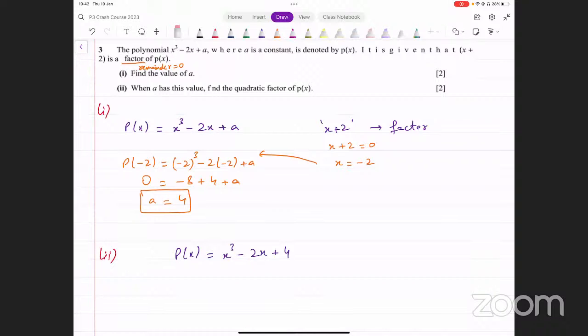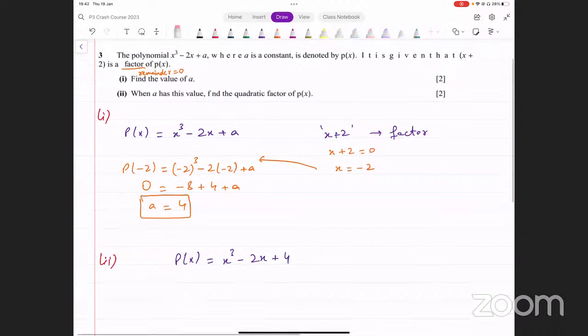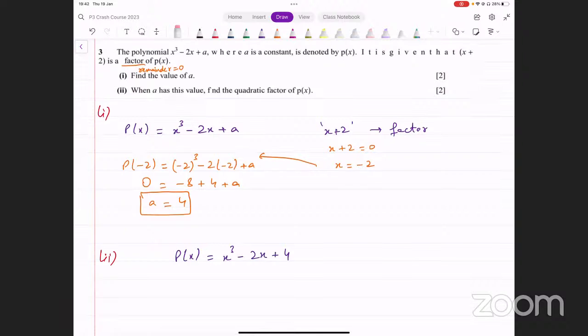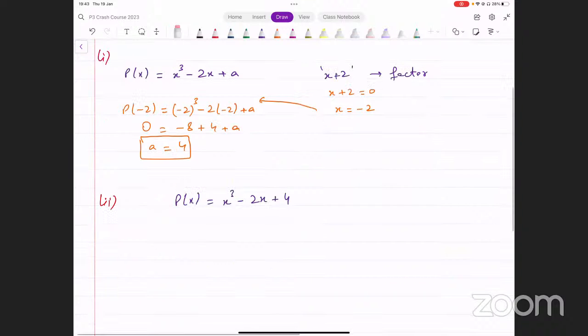How would that help? What do you do after long division? Sir, wouldn't we get the other factor, the quadratic factor? Yeah, and where in long division would that be? The quotient. The quotient, right? So that's good.